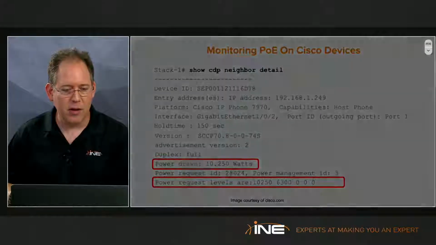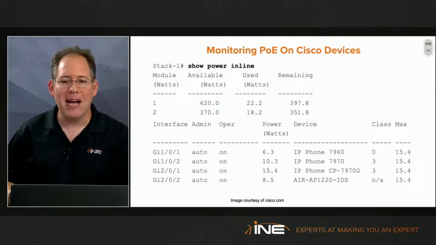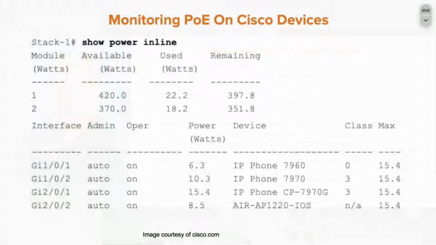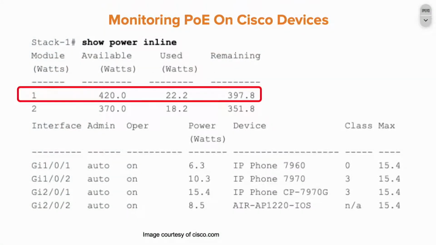We can also do show power inline on the switch, which shows a lot of useful information. For example, module 1's power budget, the maximum amount of power it has available, is 420 watts. Very little has been used: only 22.2 watts, with most still remaining for other ports in that module.